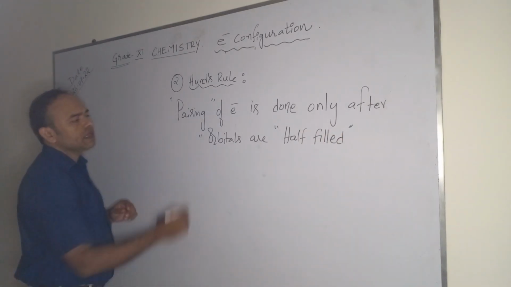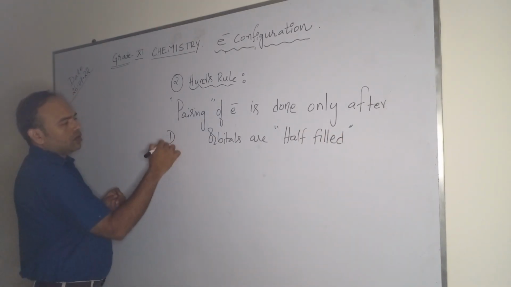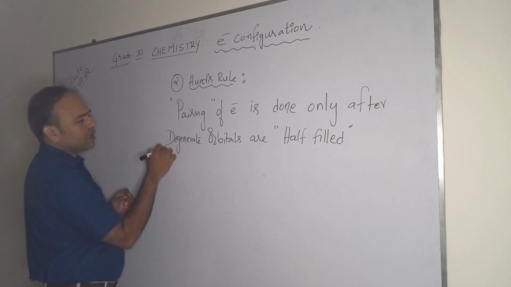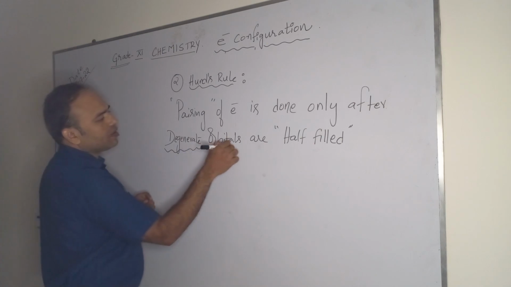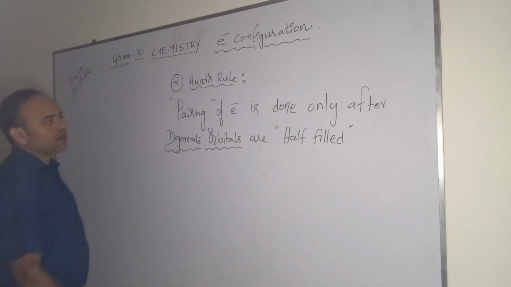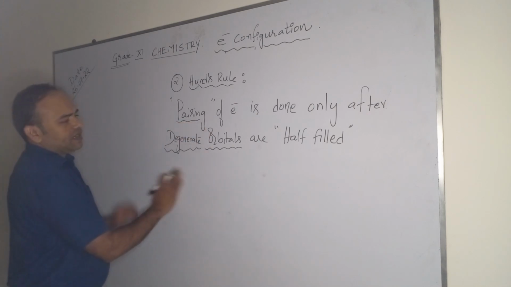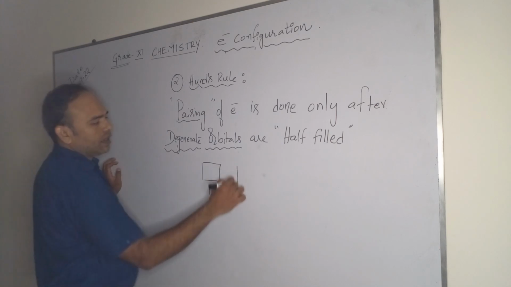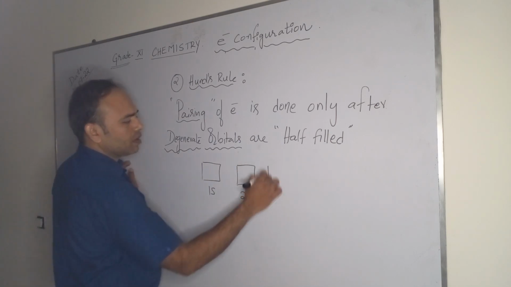One more important thing, these orbitals are called degenerate orbitals. Important term here. Don't simply call them orbitals, call them degenerate orbitals. What is meant by degenerate orbitals? Now let me write s. This is 1s. Next 2s.